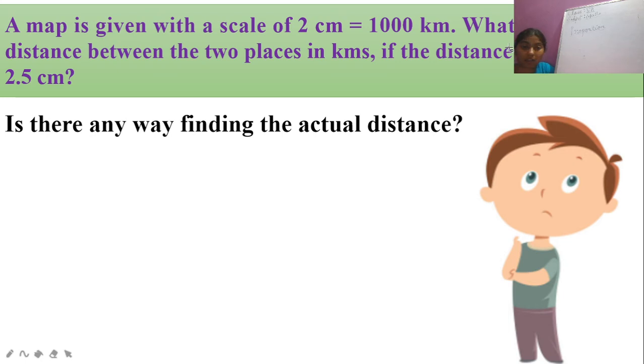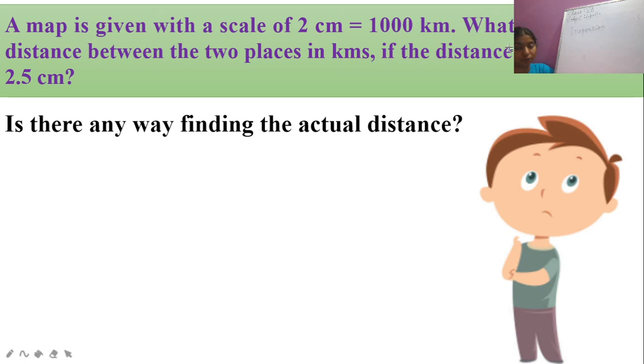Firstly, we have 1000 kilometer, but we don't know the actual distance, so we take it as x kilometer. For 1000 kilometer we have 2 centimeter, and for the 2.5 centimeter we need to calculate, right?